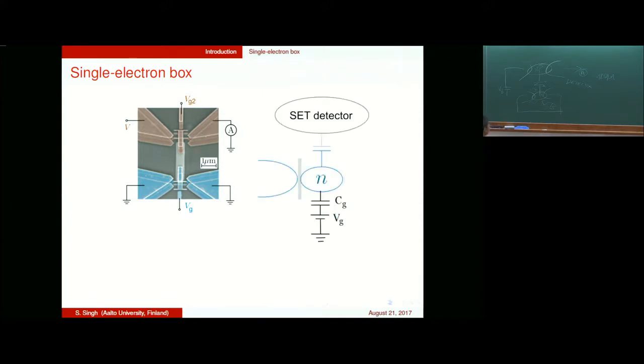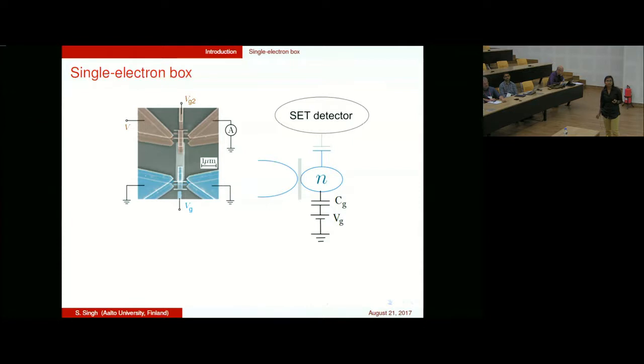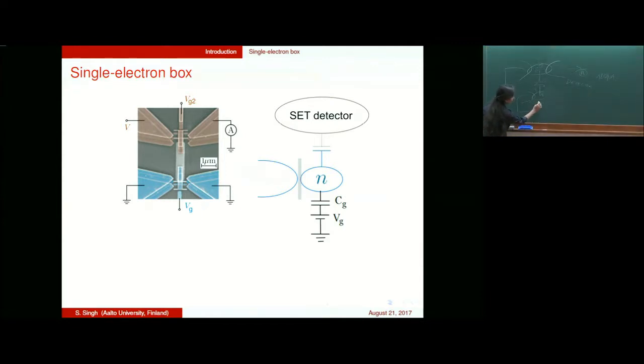And in this part I would like to emphasize this gate voltage. This gate is coupled to this island, and it is essentially a lead, you can say.